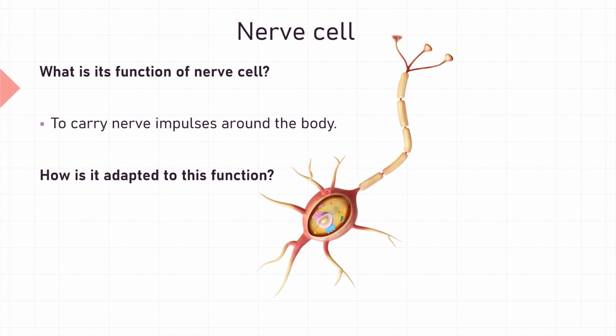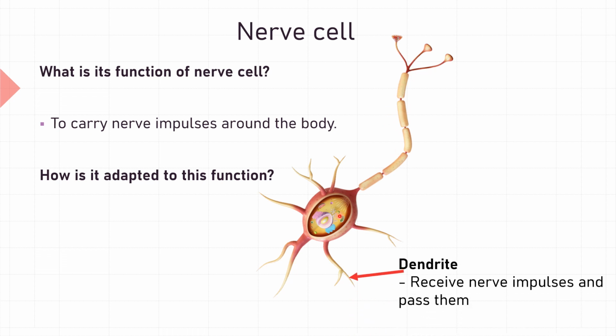Then you have some parts like hands or like trees, and one that looks like a tail, but they have specific scientific names. First, this part here is called the dendrite, which means these parts receive the nerve impulses and then pass them on to a different part of the cell.